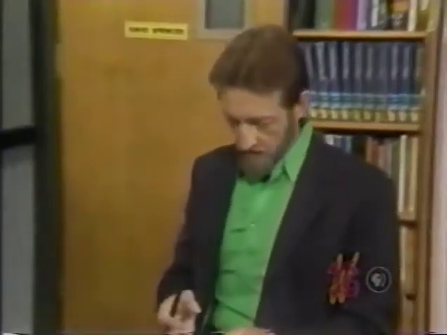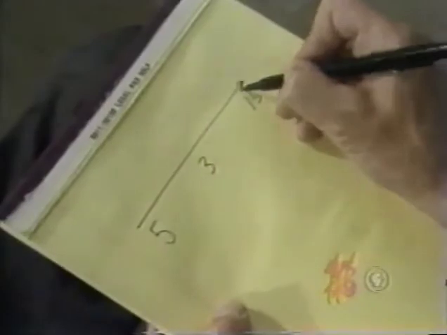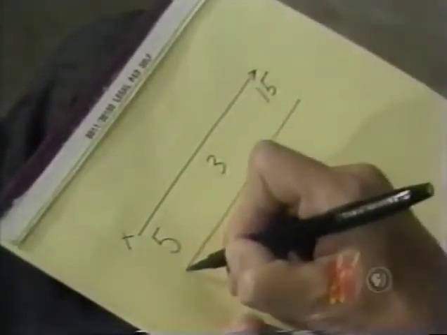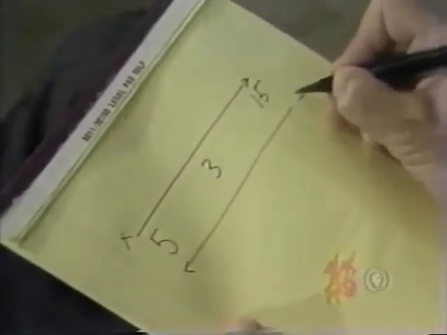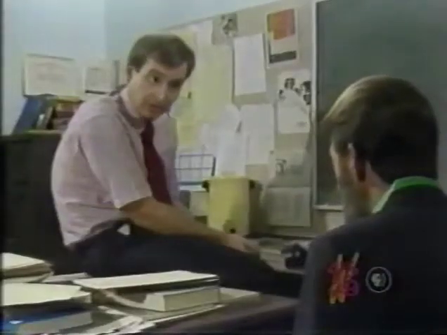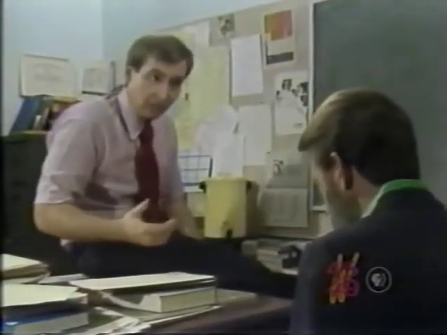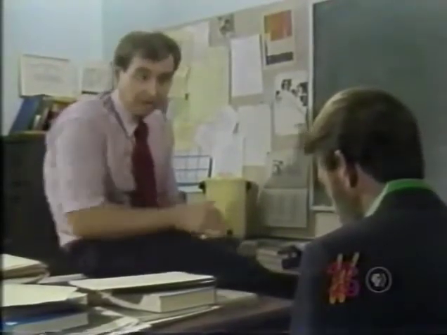I'll just use arrows to indicate the direction of computation. You read to the right, they multiply, and to the left, they divide. That's good. Also might be a good idea to show them what the relationship of the terms used in both operations are. You might put down multiplicand with the 5, multiplier with the 3, and product with the 15.